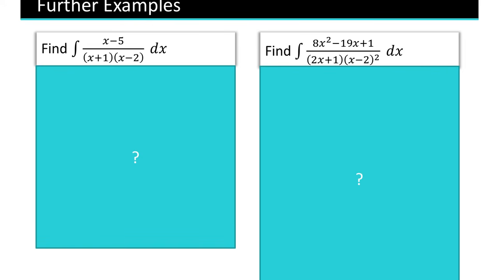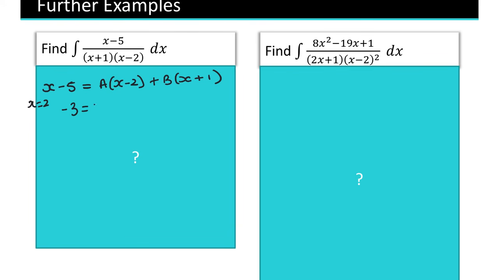Off you go. Okay, so for the first one, let's do partial fractions. So we're going to have x minus 5 equals A lots of x minus 2 plus B lots of x plus 1. Now we can use substitution. Let's do x equals 2. 2 minus 5 is in fact minus 3.